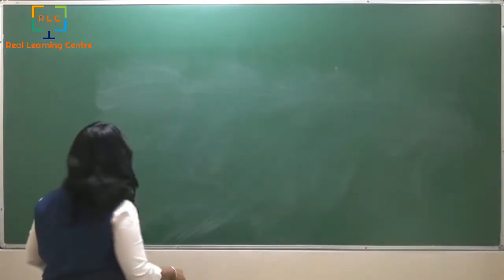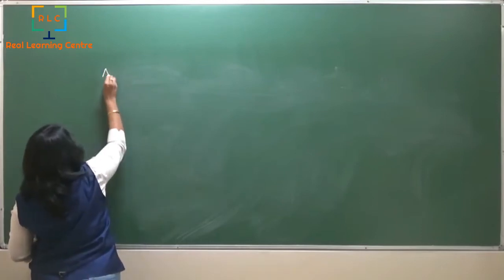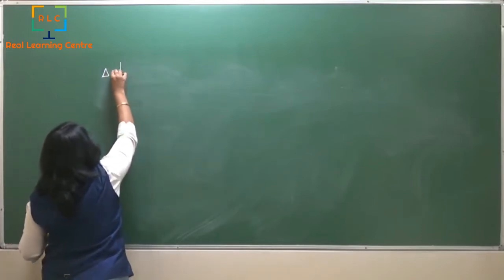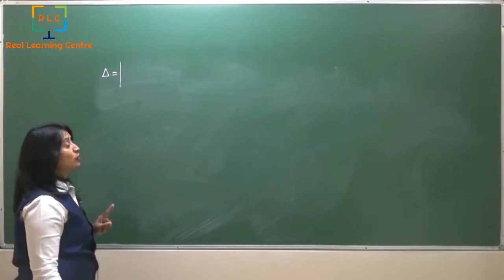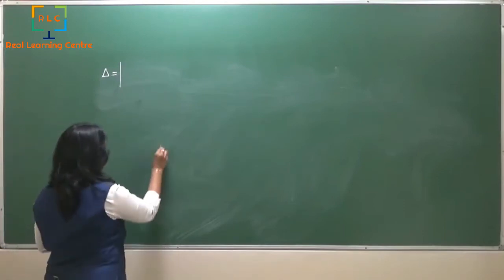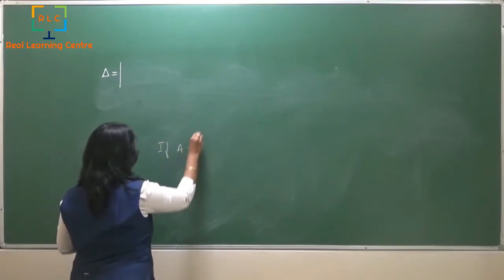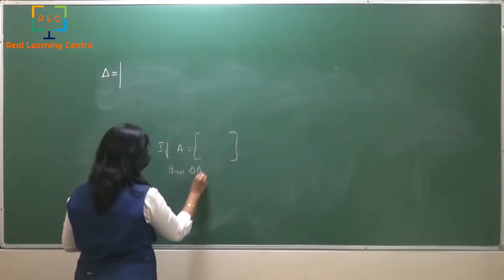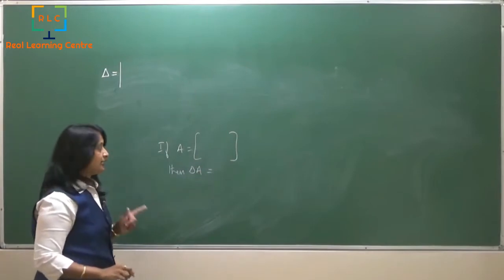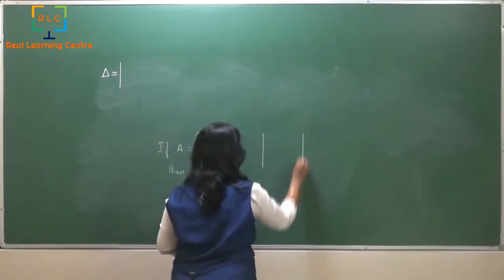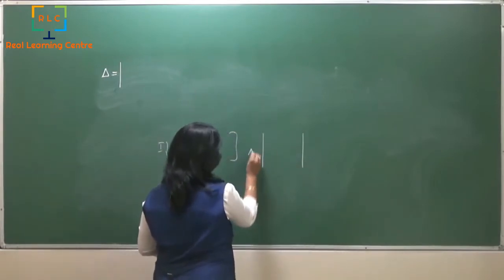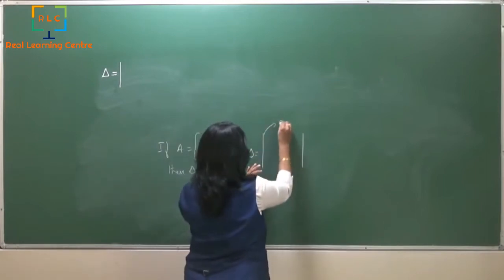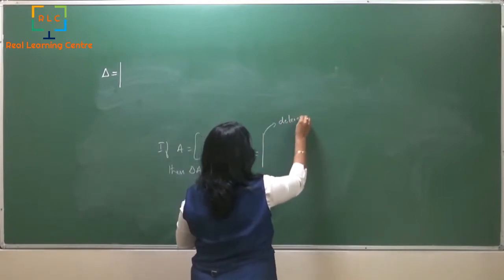Okay, so now I shall go to one example. I shall say delta is equal to determinant of, and please make a difference. One more note point: if A is equal to the matrix, this is the matrix, then delta A is equal to, if I can write like this. But directly if I give you like this, delta is equal to, this indicates it is a determinant.